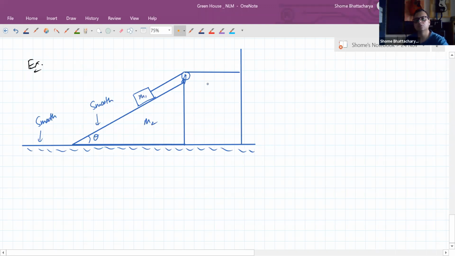This has a mass m2. So this is again a light and inextensible thread, which is connected between a fixed wall and this block.